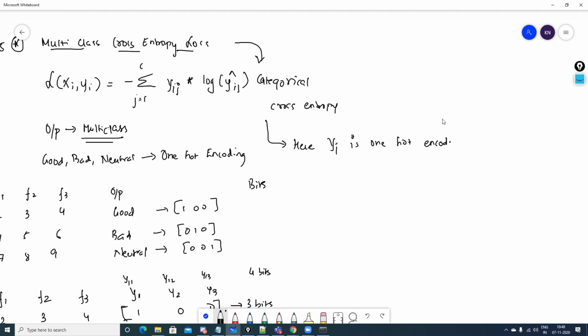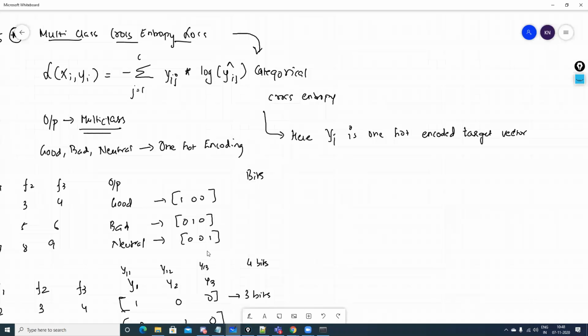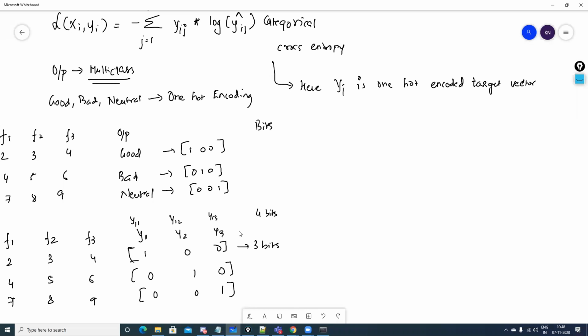I'm using the same equation to explain this. This is a vector, with y1, y2, y3. It is a one hot encoded vector itself. I have values like yi1, yi2, yi3.